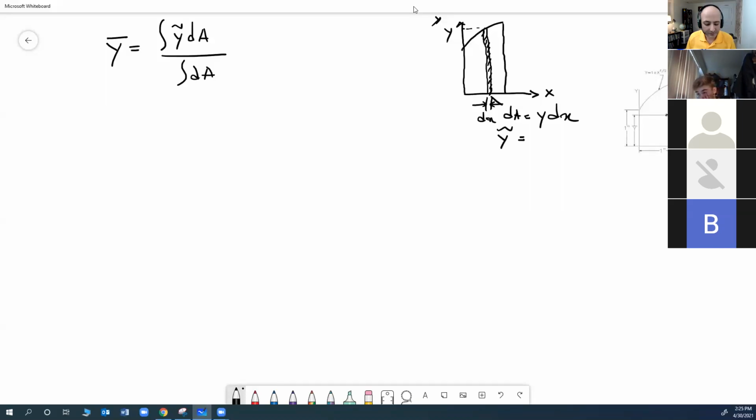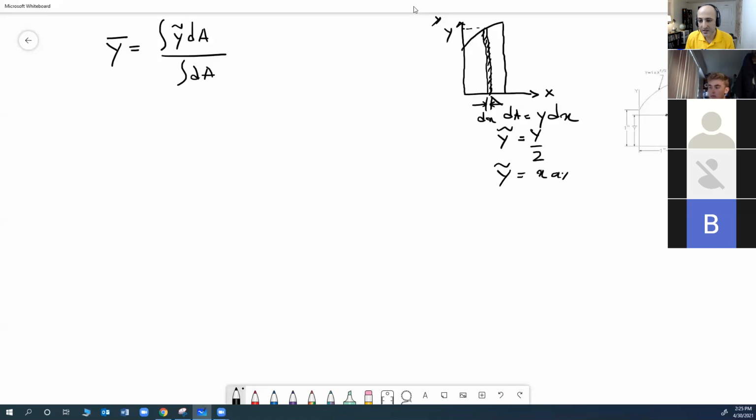What is y tilde? Y over 2. Okay, y over 2. What else? So first of all, what is y tilde in words? Distance between the x-axis and the centroid of the sliver.